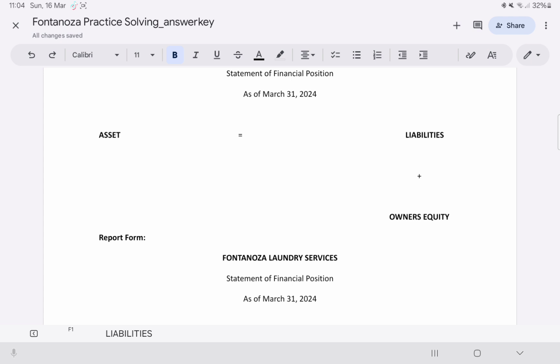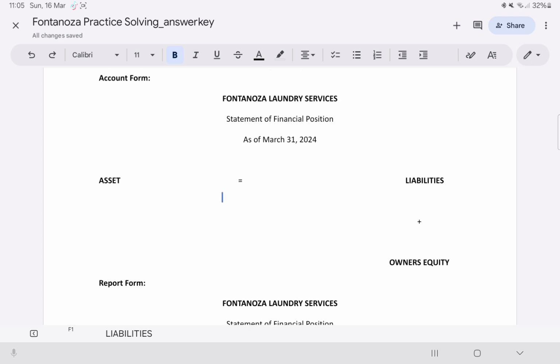Some problems are specific, it is written there. But if your problem does not indicate account form or report form, then automatically you will compute the report form, the vertical order, which is the report form.